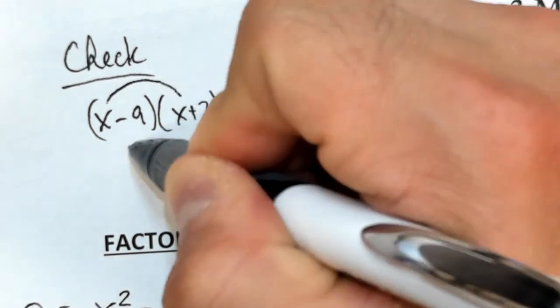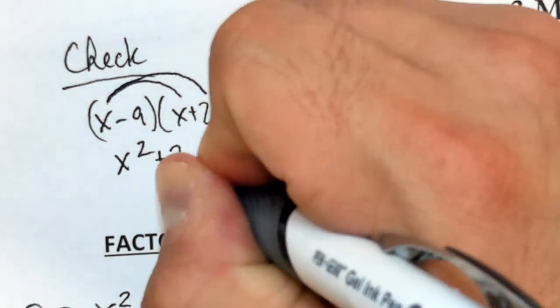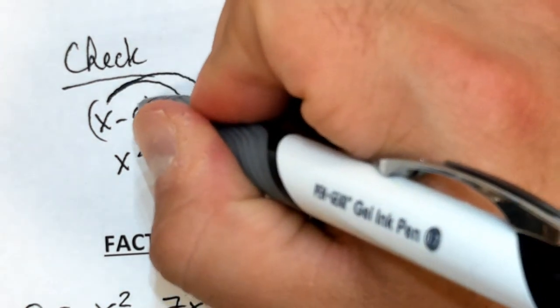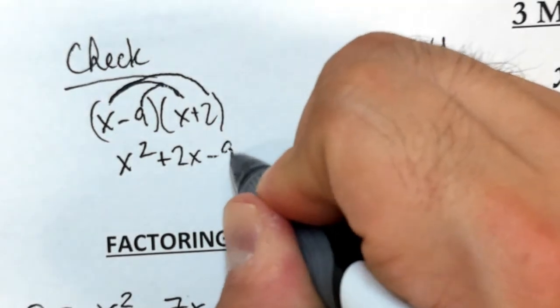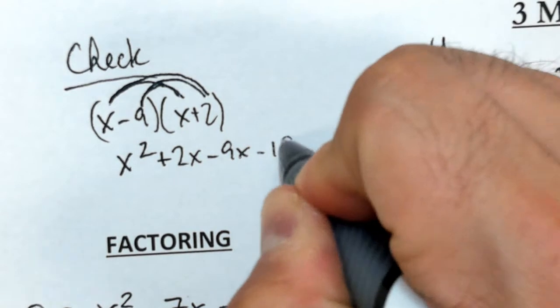So x times x is x squared. X times positive 2 is plus 2x. Negative 9 times x is minus 9x. And negative 9 times positive 2 is minus 18.